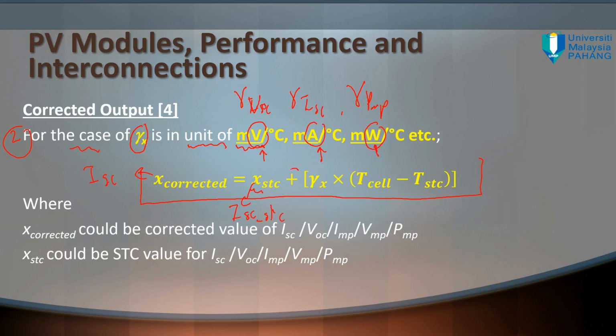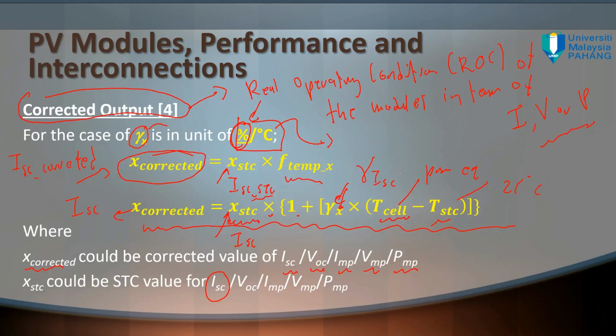The next is the plus, and again, this is the temperature coefficient for the ISC, multiplied by T cell minus TSTC, same as before, 25 degrees C. So there's no difference now? It looks the same. It's actually different. What is different? You see here, multiply, and there is the one. There is the one here.